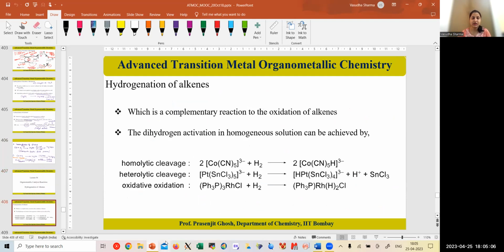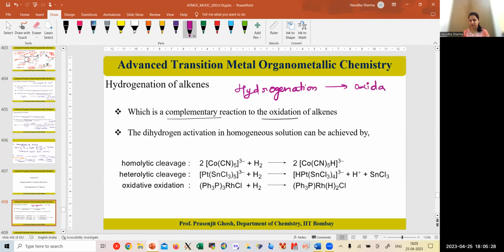So let's get started. As the title suggests, hydrogenation of alkenes is a complementary reaction to the oxidation of alcohols, because last time we studied the oxidation, and here we are talking about the hydrogenation. It's just the opposite of what we have seen in the oxidation. Oxidation is also called loss of electrons, and the other term for hydrogenation would be reduction using a reducing agent.